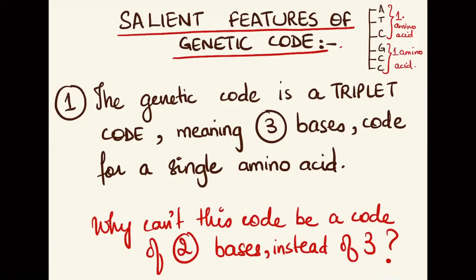Keeping all that in mind, we should also remember that whatever we did in the structure of DNA, in DNA replication, in transcription and translation, we have to apply this onto the features of the genetic code.